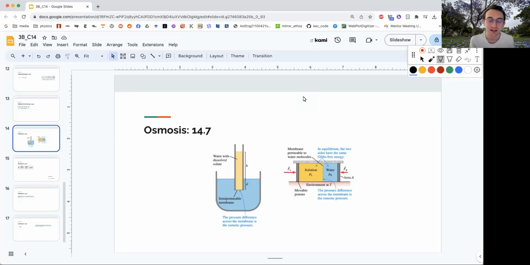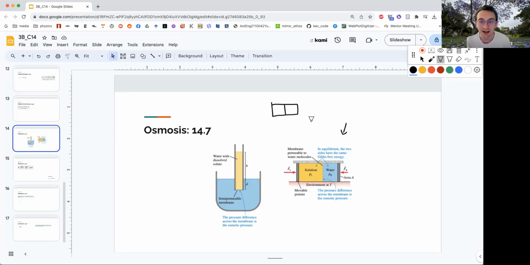So to start us off, we'll look at this picture on the right here. We'll get to the left a little bit later. We have a region of volume where half contains a solution. So there's some solvent, presumably water, as well as some solute, maybe table salt or something dissolved in it.